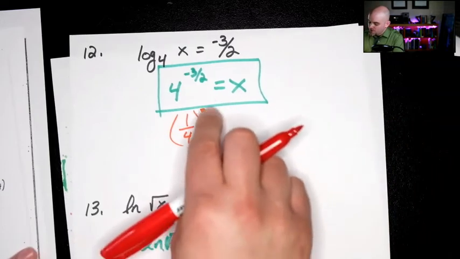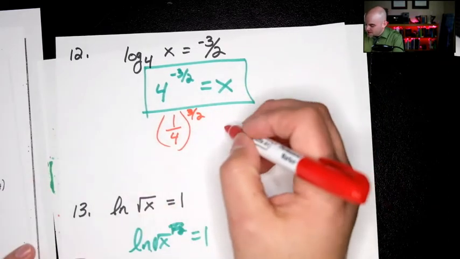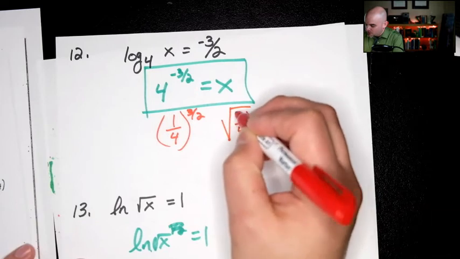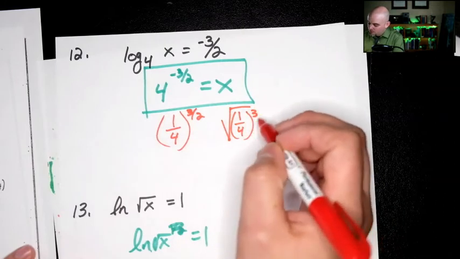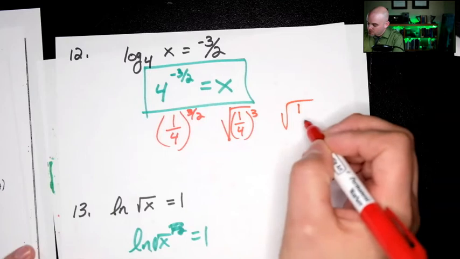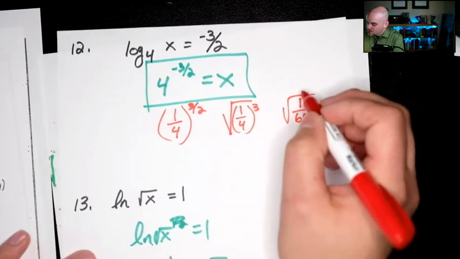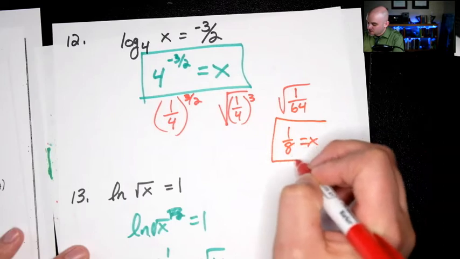And so if I take this a little bit further, that's the same thing as the square root of 1 over 4 cubed. And so 1 over 4 cubed is the same thing as 1, because that's 1 cubed. And then 4 cubed is 64. And I'm taking the square root of that. So if I square root the top and bottom there, you get 1/8. So this does simplify to something a little bit prettier.